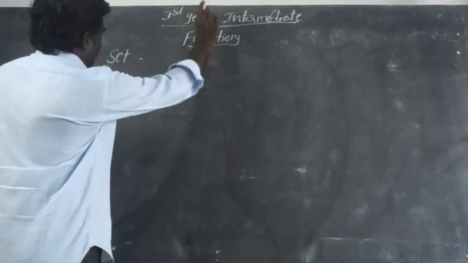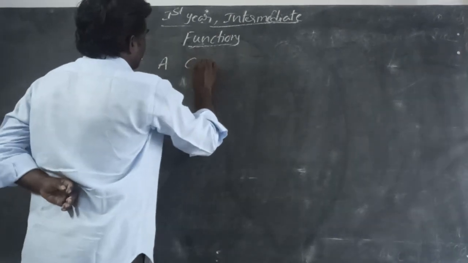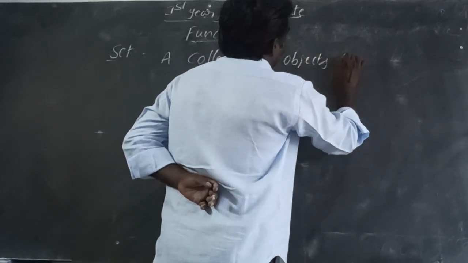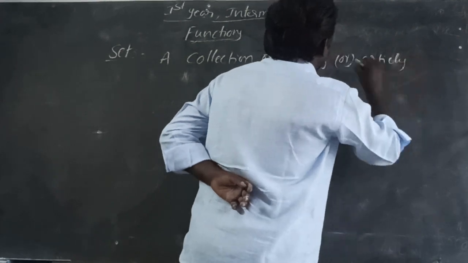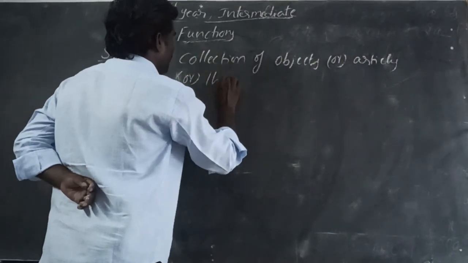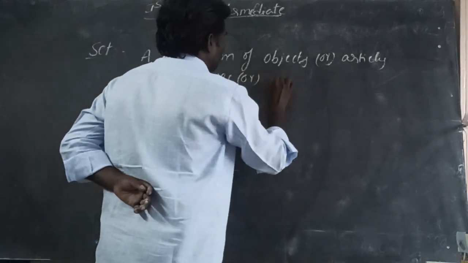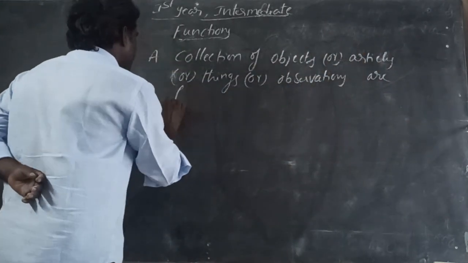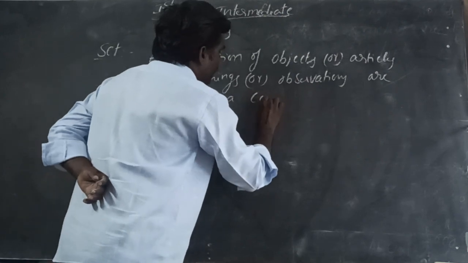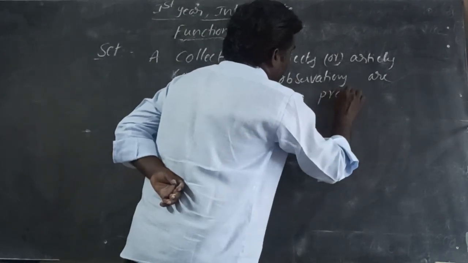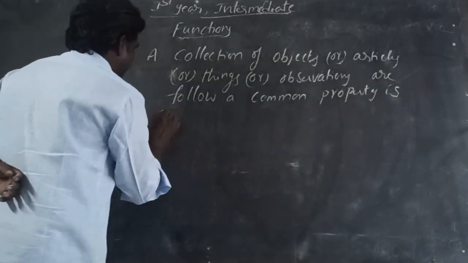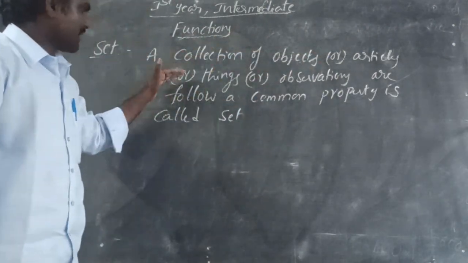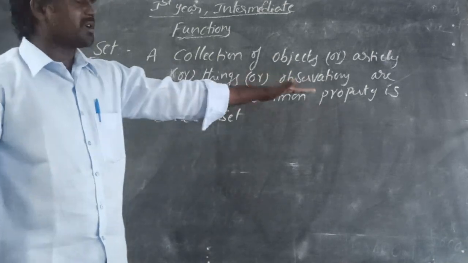Okay, a set means a collection of objects or articles or things or observations that follow a common property. That is called a set.